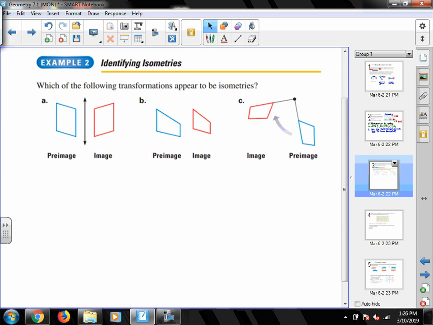Looking at A, on the left I have my pre-image, and on my right I have my image. All I have to do is ask myself, do these look like they're going to be the same thing? So that's got to be that. This here has to be this here. These sides have to match up, meaning that the other two have to match up as well. And I would say so. Yep, that's an isometry.